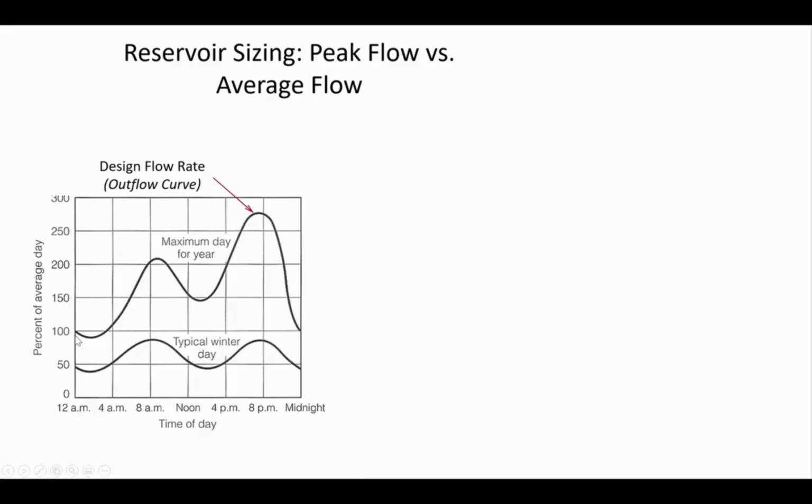It would just be a ratio. It would be 100 divided by 275 multiplied by our maximum demand of 400. And so what we can do for every hour of the day is use the shape of this curve to find the outflow from the reservoir. So this curve defines how much water is coming out of the reservoir and going to the town.